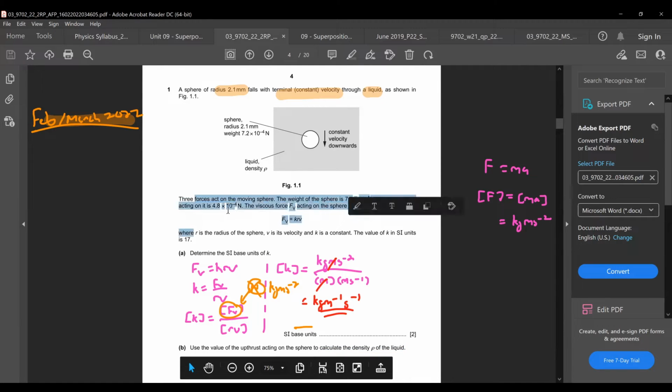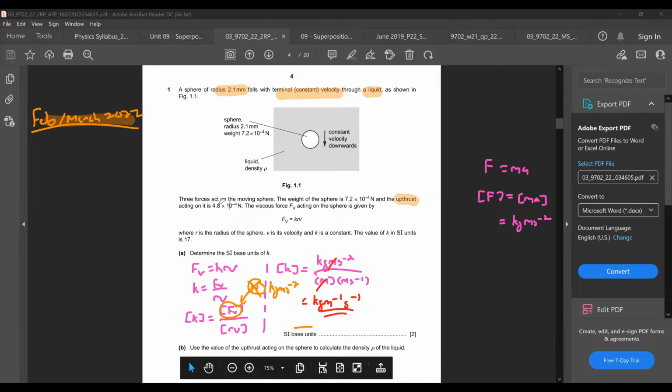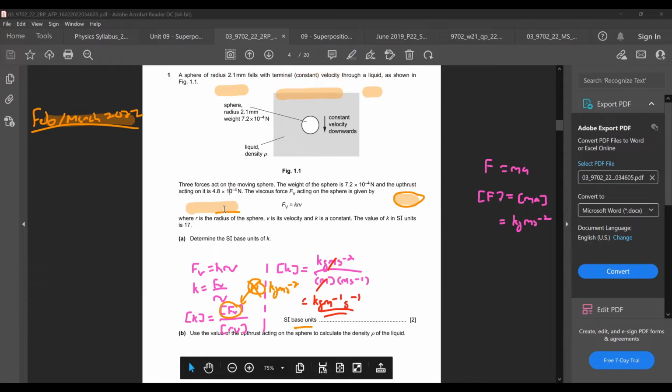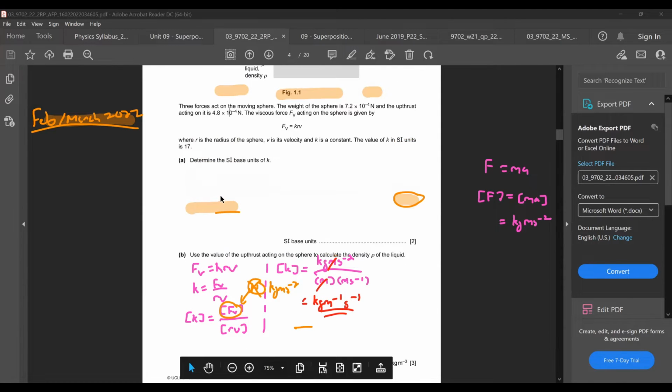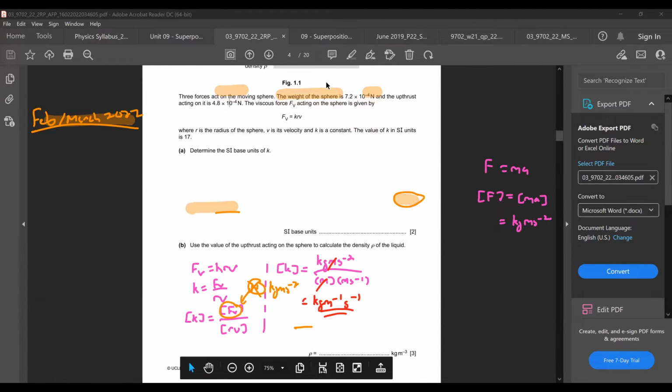The weight and the upthrust, yes, they told you the upthrust acting on the sphere is 4.8 times 10 power minus 4. Okay, so you see the keyword here, upthrust is 4.8 times 10 power minus 4. So they say use the value of upthrust acting on the sphere to calculate the density rho of the liquid.